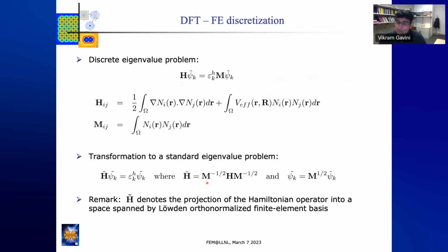But this still requires you to compute the mass matrix, take its square root, and then take its inverse. And especially when we're talking about very large scale problems, the evaluation of this M to the power minus half can become the rate limiting step and a key bottleneck.